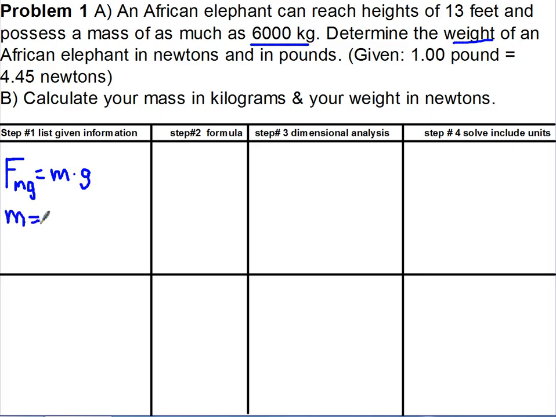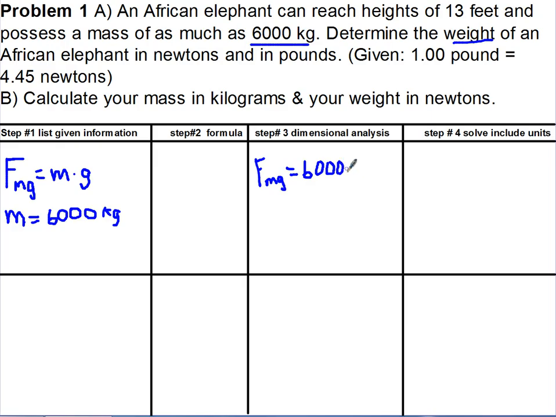The mass of this elephant is given to us as 6,000 kilograms. And gravity is given to us, as always, as 9.8. So then we just plug in the numbers and solve for its weight, which is its force of its mass times gravity. 6,000 times 9.8.